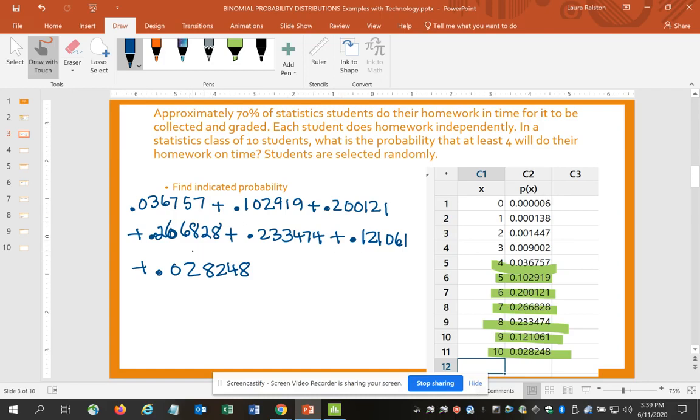You can use a handheld calculator to do that. So I'm going to do that real quick on my calculator. It's straight out addition. Just be extra careful. Make sure you get the numbers typed in correctly. Notice I did not do any rounding yet.